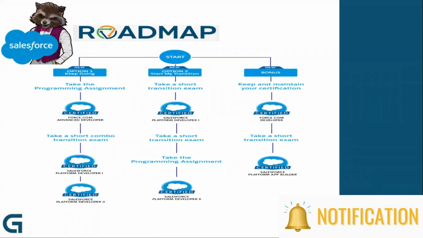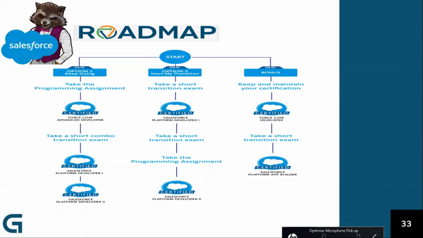Then I'll quickly walk you through the roadmap of the Salesforce certifications. When you are a Salesforce administrator, you can earn the Salesforce administrator certification. After that, you can earn the Salesforce advanced admin certification. Then probably you can go for the app builder certification. If you are a Salesforce developer, you can go for the Salesforce Platform Developer 1 certification.